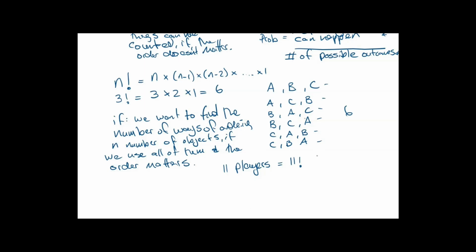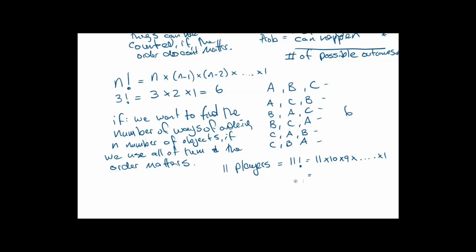Now, 11 factorial, if you look at it there, it's going to get big really quickly because you've got 11 times 10 times 9 times all the way to 1. And I can't be bothered doing that. So this is when we would use our calculator.